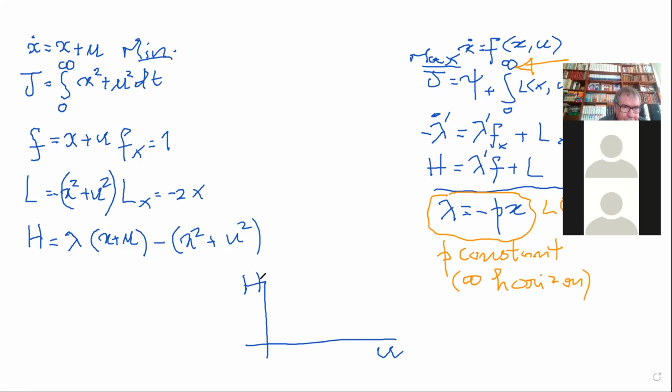So what type of function is H from u? A straight line, a sinusoid, some funny function?